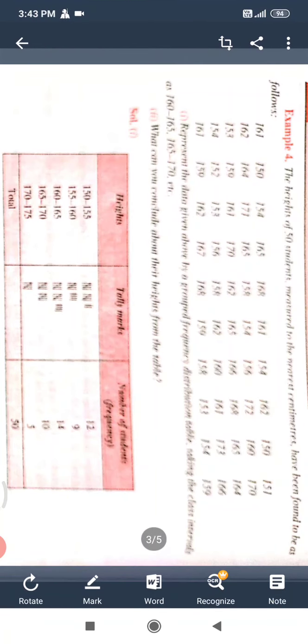So in height, write down 150 to 155, 155 to 160, 160 to 165, 165 to 170, and 170 to 175. Okay, you can calculate the number between 150 to 155. Do not include 155. So it will be 12.